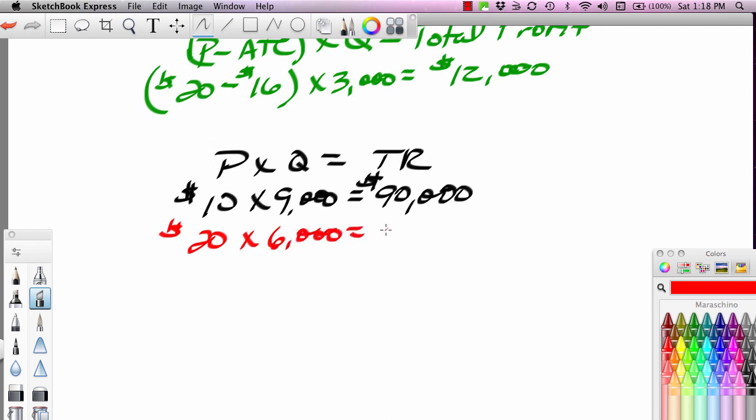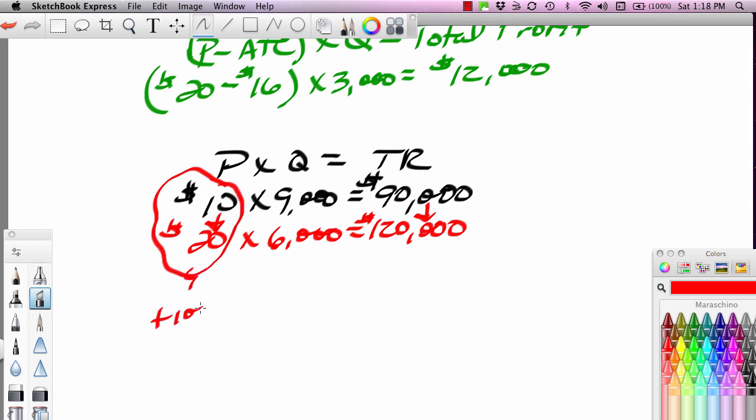What happened to their revenues? Their revenues went up to 120,000. Now, they raised their price, their revenues went up. Why? Their buyers must have been relatively price insensitive. If you look at this change, this is a 100% increase in price.